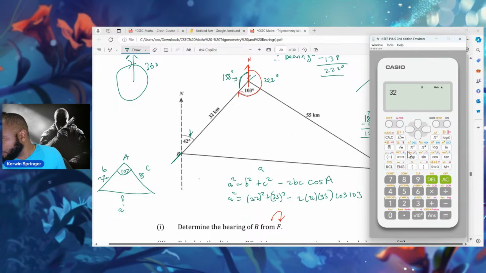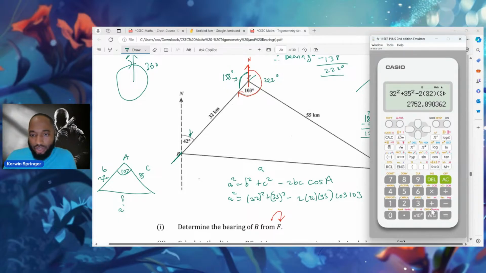32 squared plus 35 squared minus 2 by 32 by 35 by cos of 103. Bang. So that's what I get.